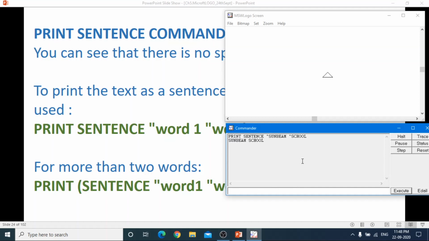See, when we use print sentence, there is a space between Sunbeam and school, and when we use print word, there is no space between Sunbeam and school.